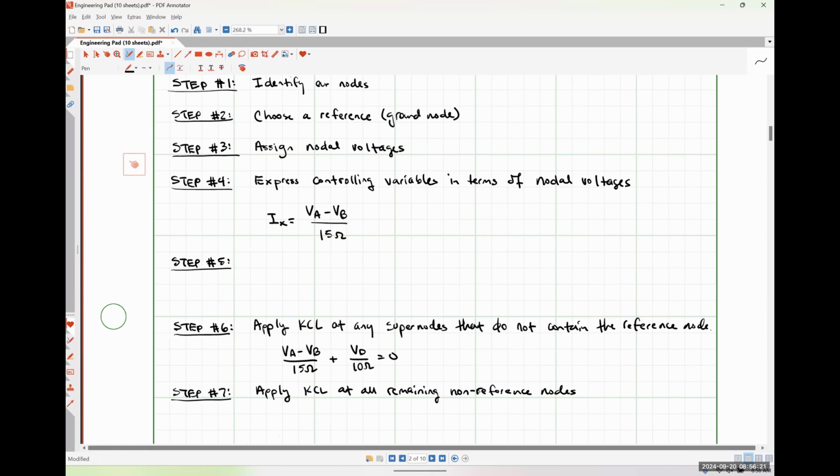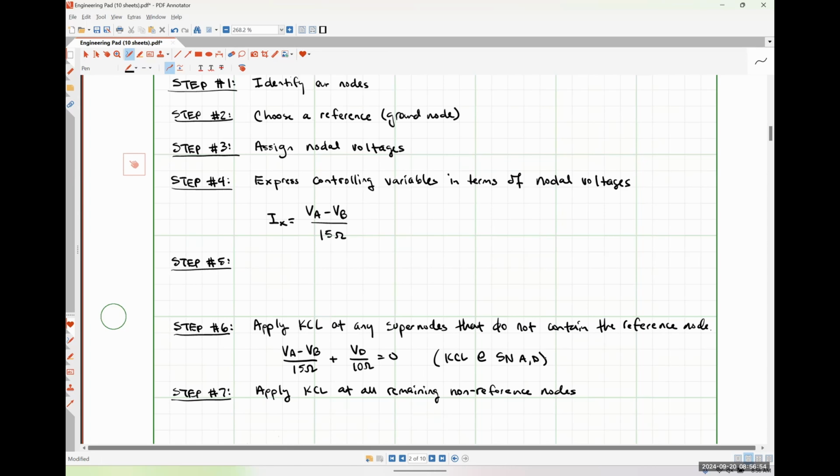So we had an equation for KCL at node A, an equation for KCL at node B, an equation for KCL at node C. Well, we effectively just handled two nodes, nodes A and D. So this was KCL at supernode AD. So it seems like we're probably going to be missing an equation, right? If we have two nodes, we should have two relationships.